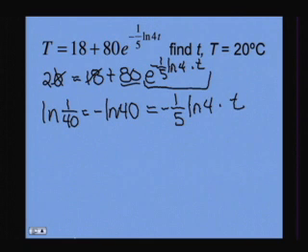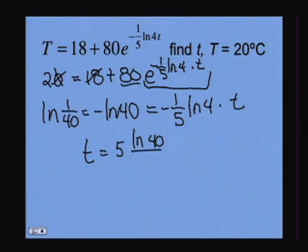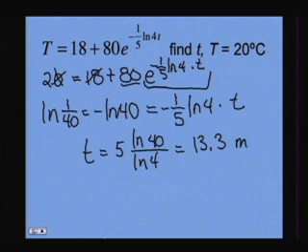So then my t is equal to 5 times the natural log of 40 divided by the natural log of 4. And when I work that out, that's going to be 13.3 minutes. And what that means is that it's going to take an additional 8.3 minutes to cool from the temperature of 38 down to 20 degrees.